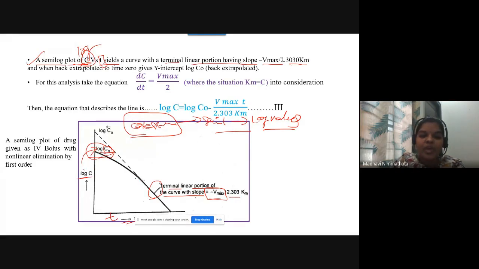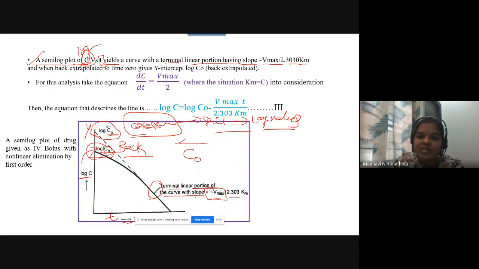When you extrapolate this curve from the curved part as a straight line that joins the y-axis, you can consider it as the back extrapolated plasma drug concentration. Which plasma drug concentration are you back extrapolating here? The initial plasma drug concentration. That's why it is log C naught.